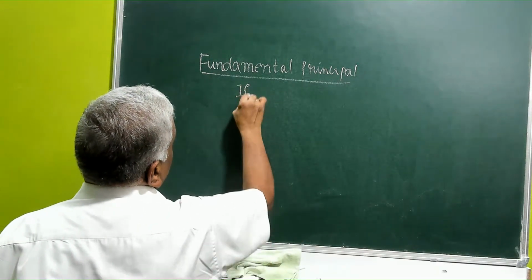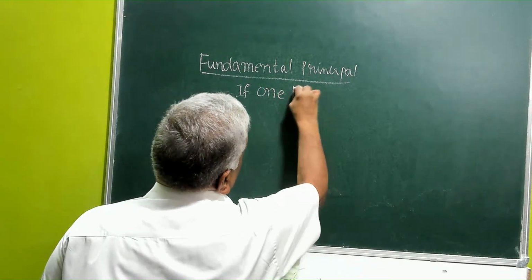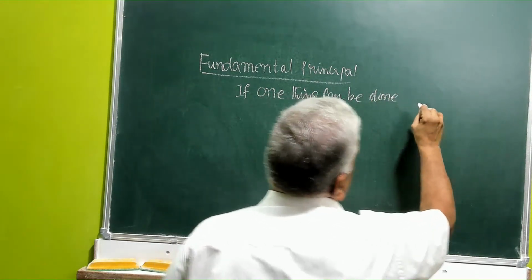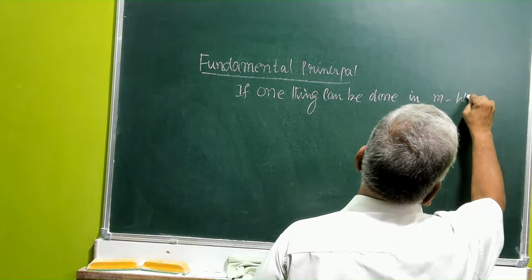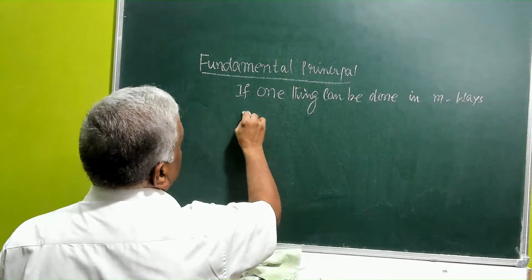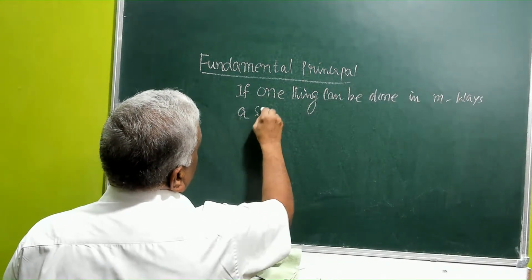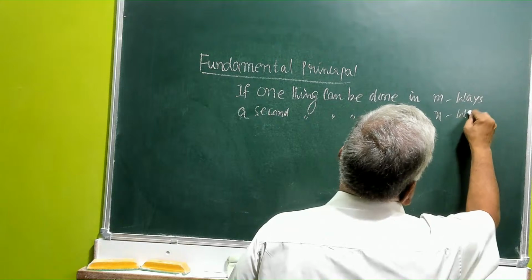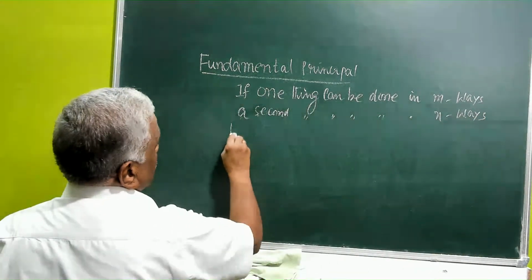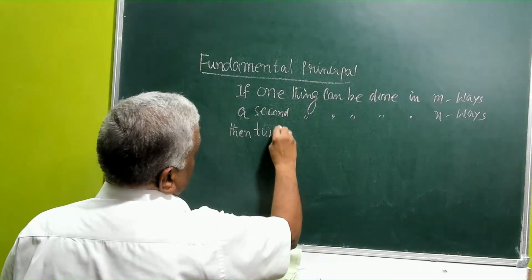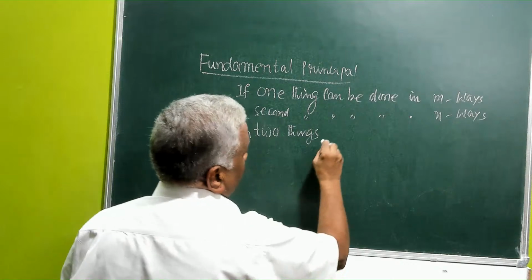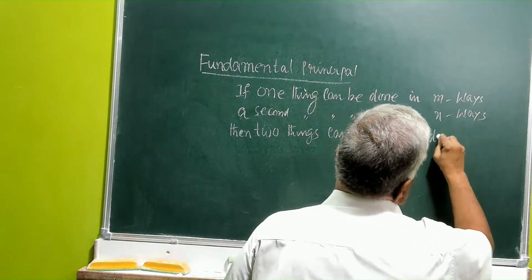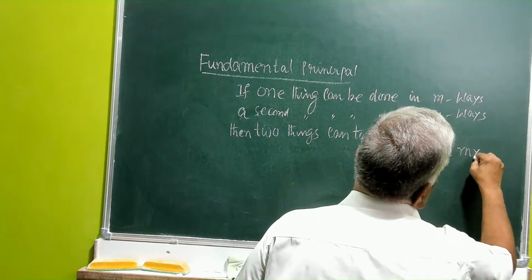It states if one thing can be done in m ways, a second thing can be done in n ways, then two things can together be done in m into n ways.